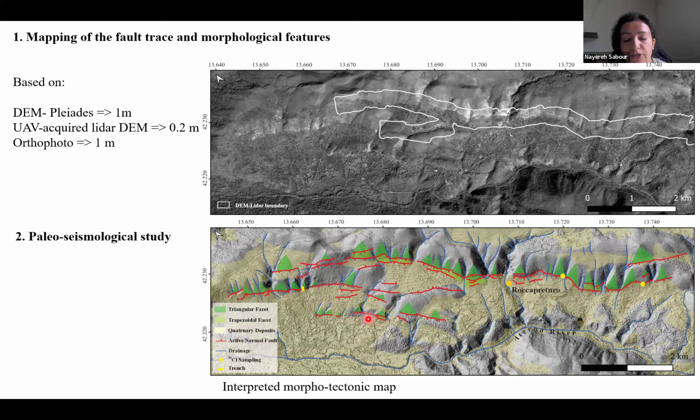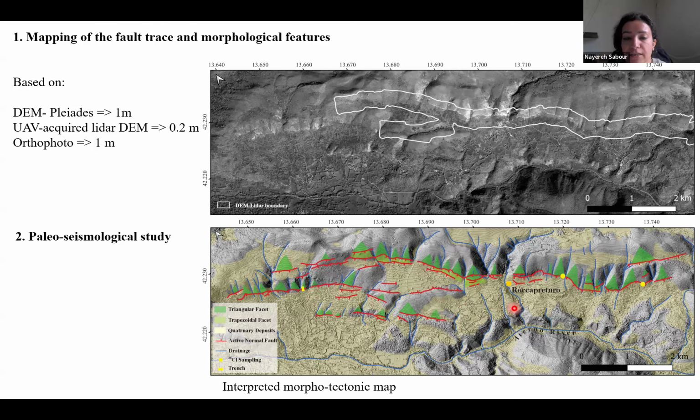Based on this data, we can interpret that in the southeastern part of the fault we have a more mature part, and in the northwestern part we have an immature part, less maturity.